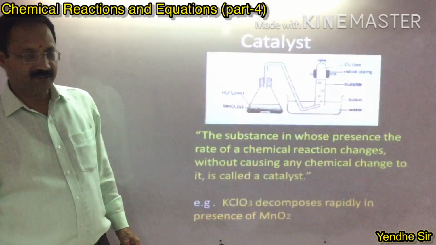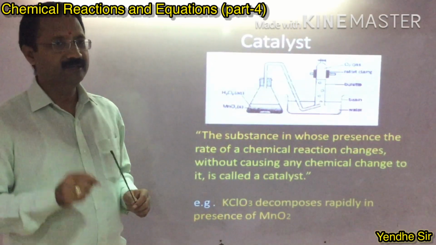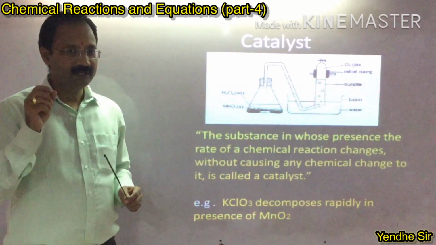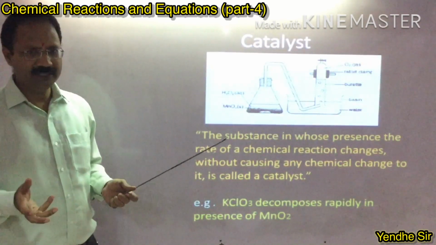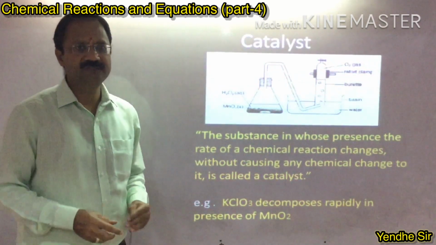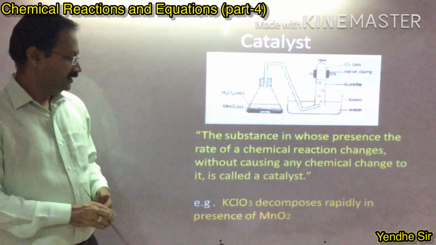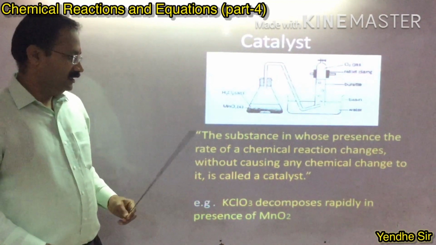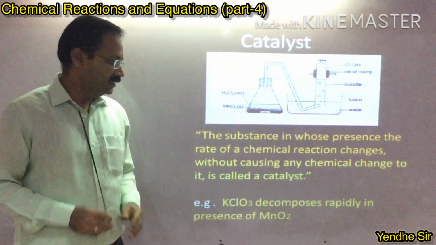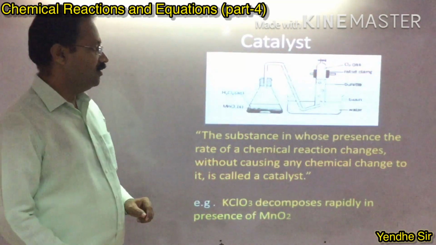Let's see the next point, the catalyst, which is the last point on which the rate of reaction depends. What do you mean by catalyst? The substance which increases the rate of reaction. See the example: potassium chlorate decomposes rapidly in the presence of magnesium oxide.